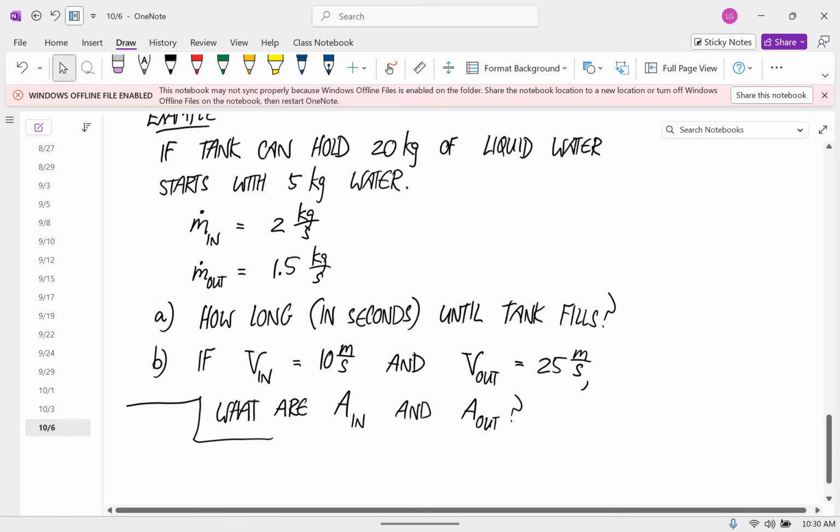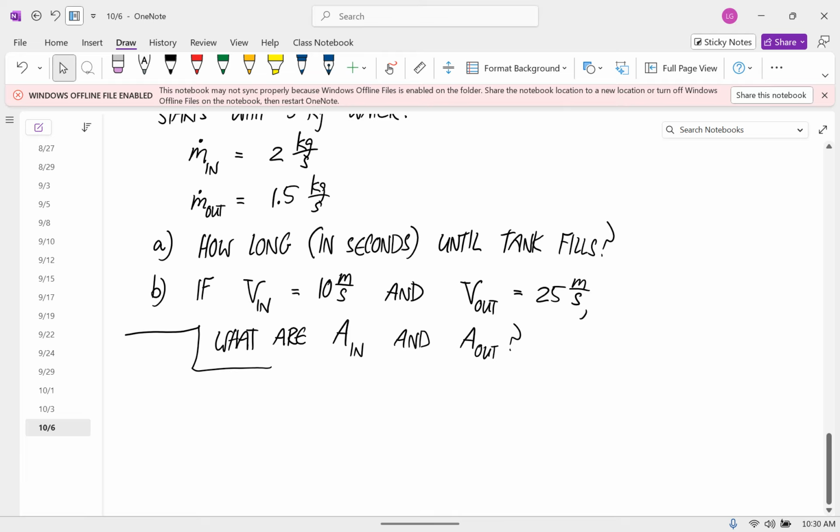Okay, so the mass balance equation says dm/dt, the rate of change of the mass inside your control volume, and our control volume is going to be the tank, the inside of the tank. So I'll write this like this. That's the rate at which the mass in the tank is changing, is equal to the rate of flow in minus the rate of flow out.